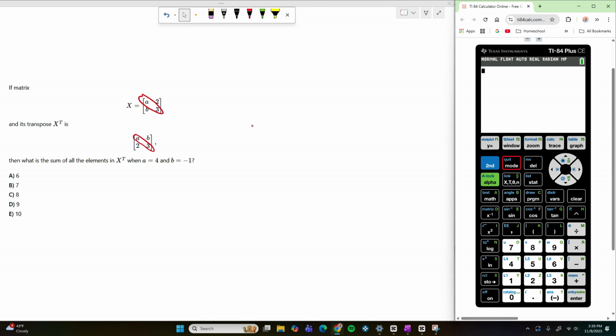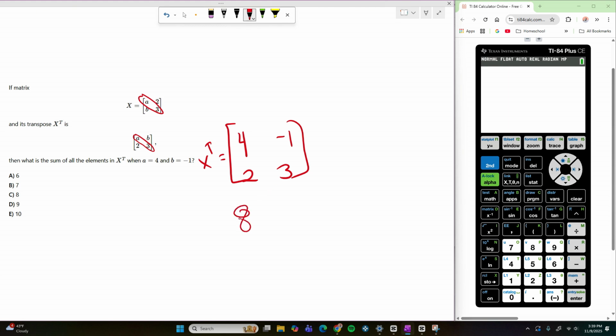So when I plug in 4 and -1 into my matrix, it'll look like this, or at least X transpose here. And if I just find the sum of all the elements, well, 4 plus -1 is 3, plus 2 is going to be 5, plus 3 is going to be 8. And so that is the sum of all of my elements.